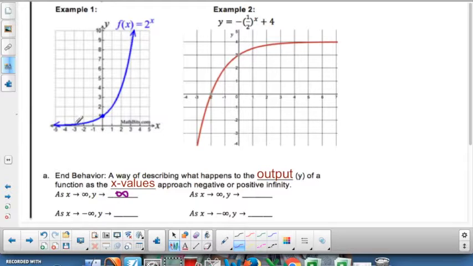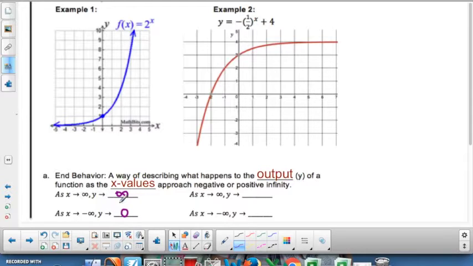It's getting closer and closer to that x-axis, which means the y value is getting closer to 0. So on these end behaviors of exponential functions, one of them is going to be an infinity sign. One of them, though, is going to be the value of your asymptote. So that asymptote plays a really huge role in most of the discussion that we have with exponential functions.